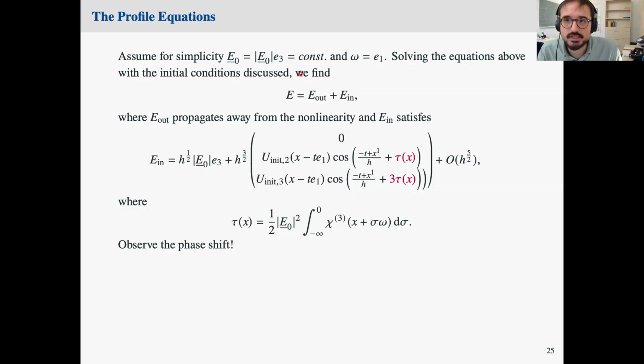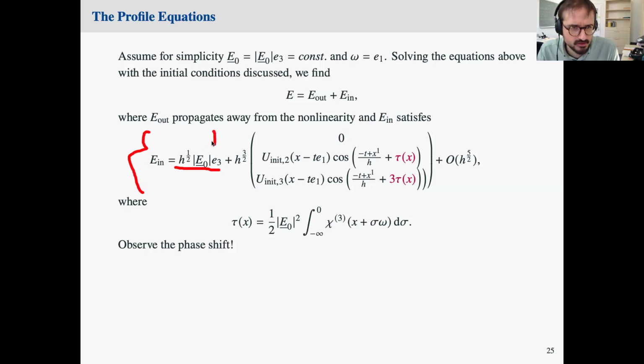That one you can take to be constant, and then you obtain two solutions. As we mentioned, one goes into the nonlinearity, one goes away. And you can actually write what the one that goes in the nonlinearity looks like. So again, as before, we have the leading order, which is constant, and then the beam at order h to the 3/2 has the form that you can see here.